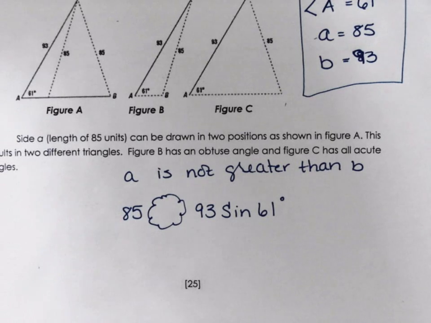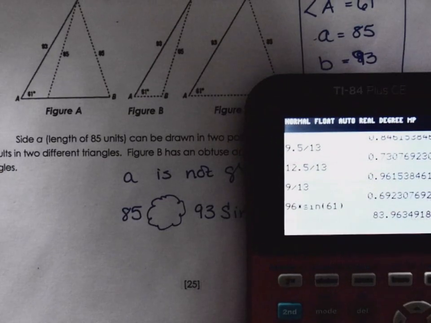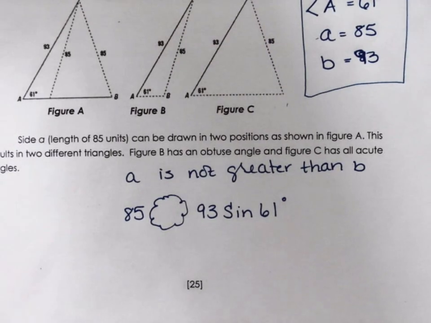That's why I'm using the big fluffy cloud. I like the big fluffy cloud. So I'm going to take 93 and times it by sine of 61. And this is only going to work if your calculator is in degree mode, which hopefully it is.